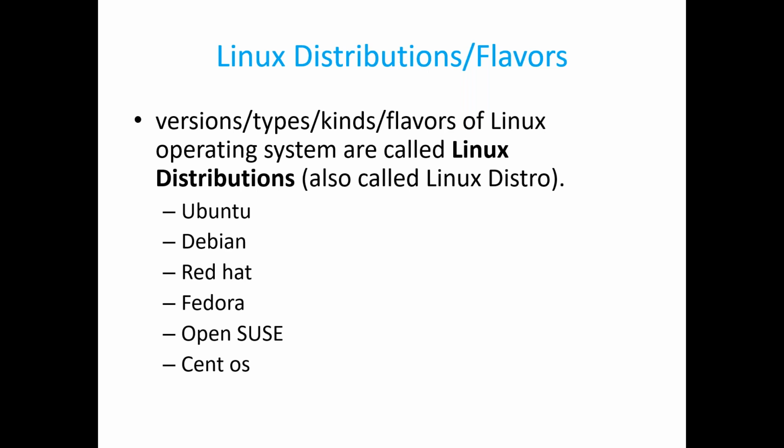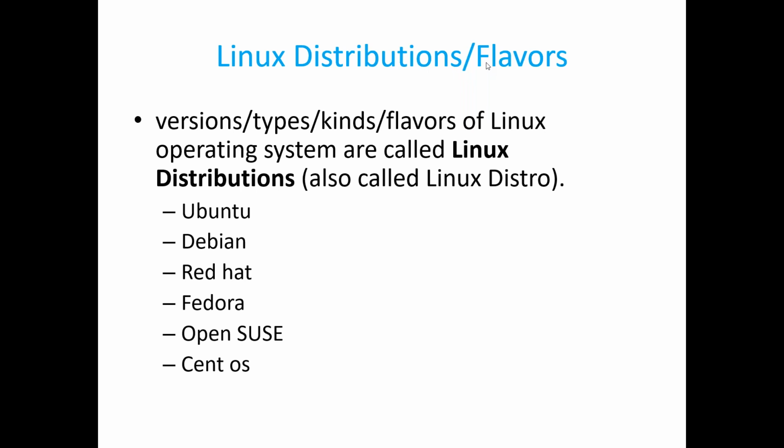It's nothing but Android, right? Let's say someone is using an iPhone. What is the mobile operating system there? It's nothing but iOS. So these are nothing but the flavors or distributions in mobile operating systems, that is, Android and iOS. These are all kinds of mobile operating system flavors, right?